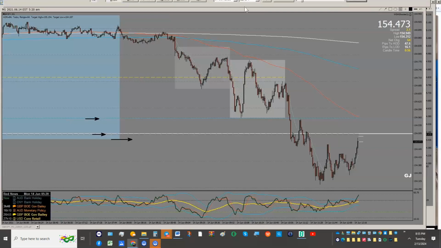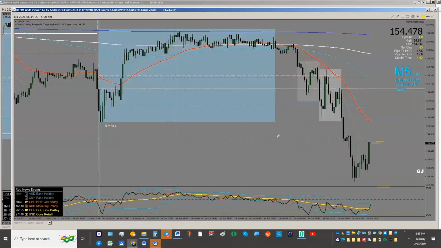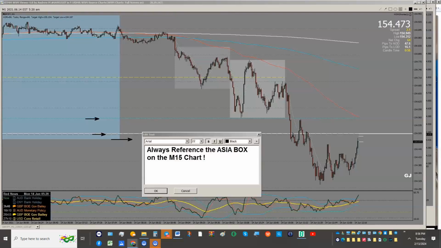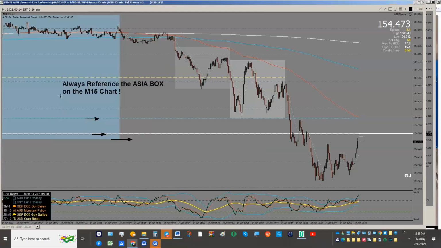Notice as well how the 50 figure on the 15-minute, actually this is a 5-minute, sorry. Notice that the 50 figure is sitting below the Asia box, where on the M1, the 50 is still within the Asia box. So again, what am I reminding you of here? Always reference the Asia box on the M15 chart, not on the 5-minute, not on the 1-minute, the M15 chart. And let's just put that right there to remind us, okay?